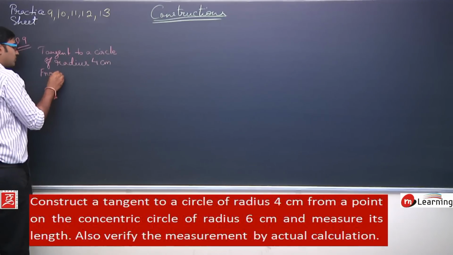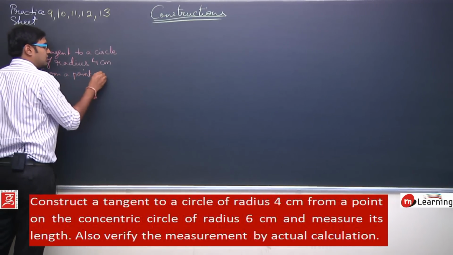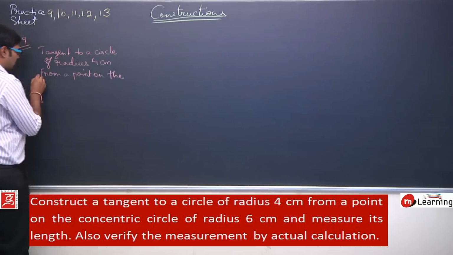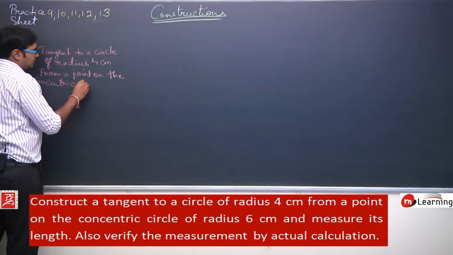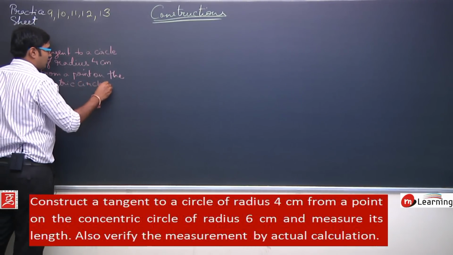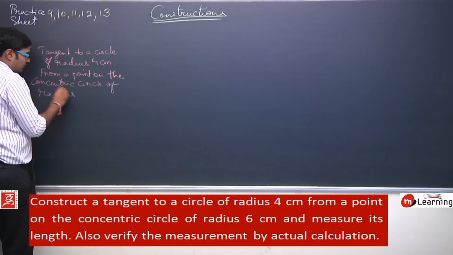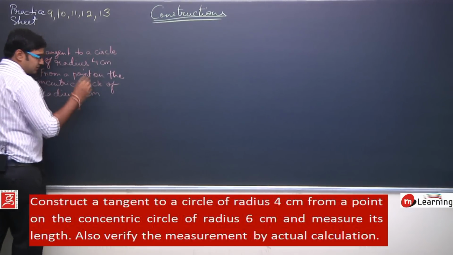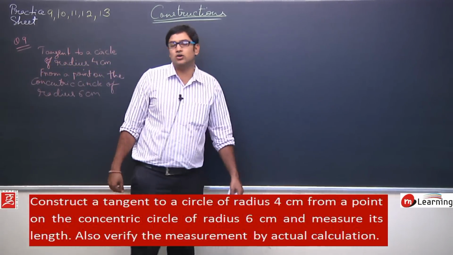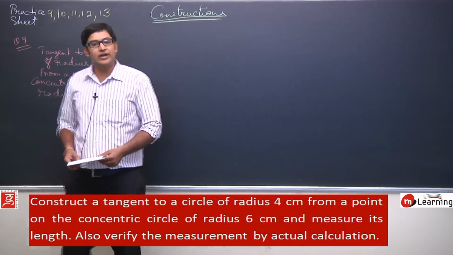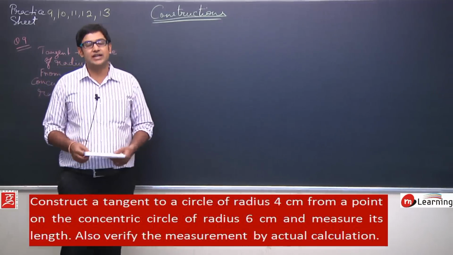From a point on the concentric circle of radius 6 centimeters. So first I have to draw two concentric circles. The first task is to draw two concentric circles. One is of radius 4 centimeters and another is of radius 6 centimeters.